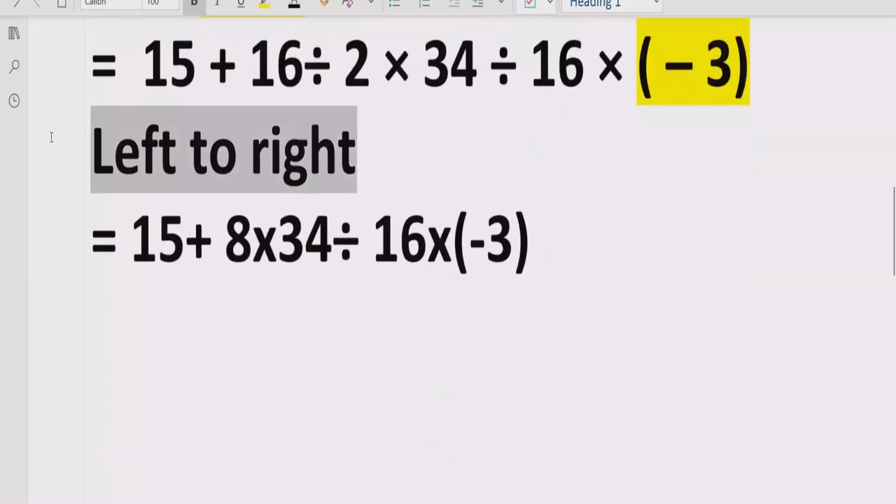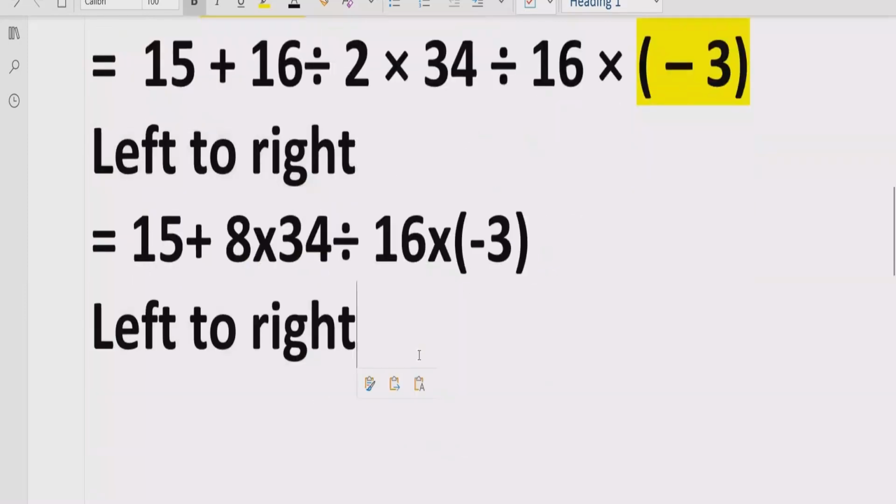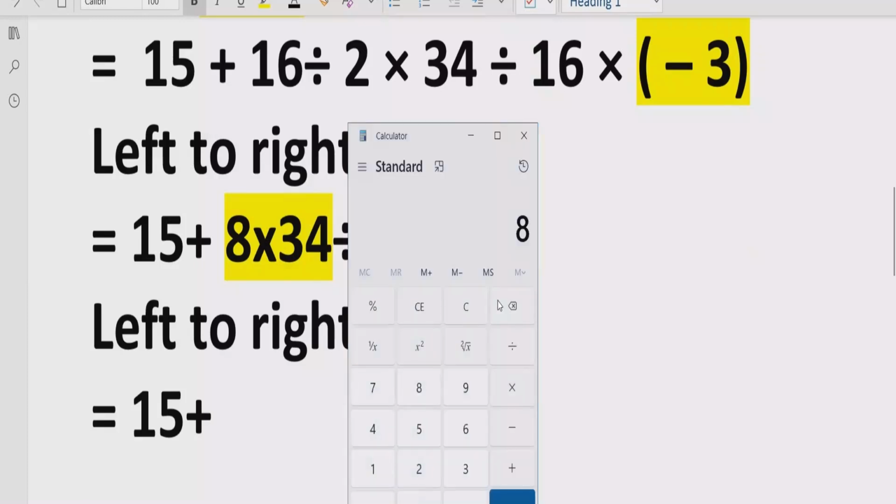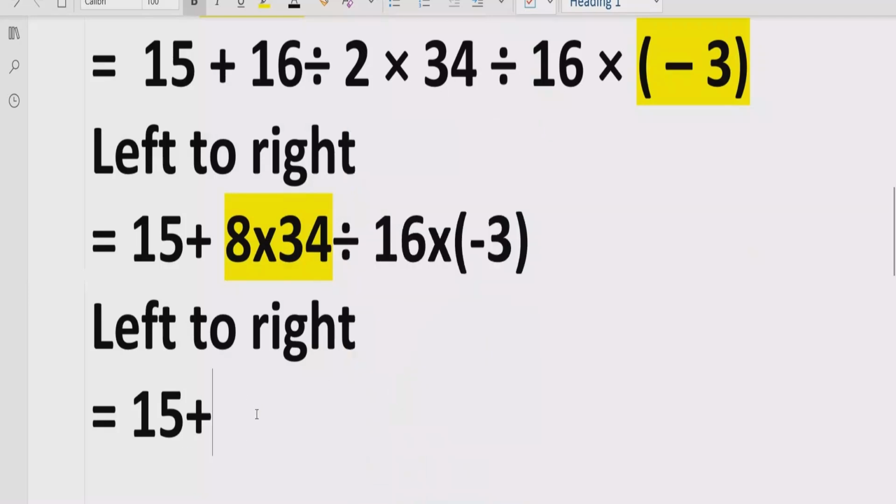Now, moving forward, again we go left to right and find multiplication and division. So now we have this multiplication. We will solve this one, 8 multiplied by 34. We will multiply both of them and get the answer 272.